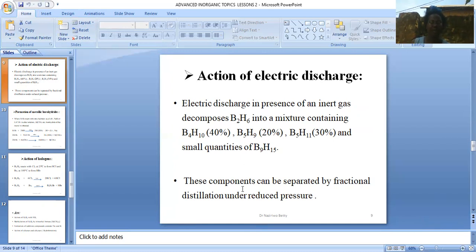These components can be separated by fractional distillation.